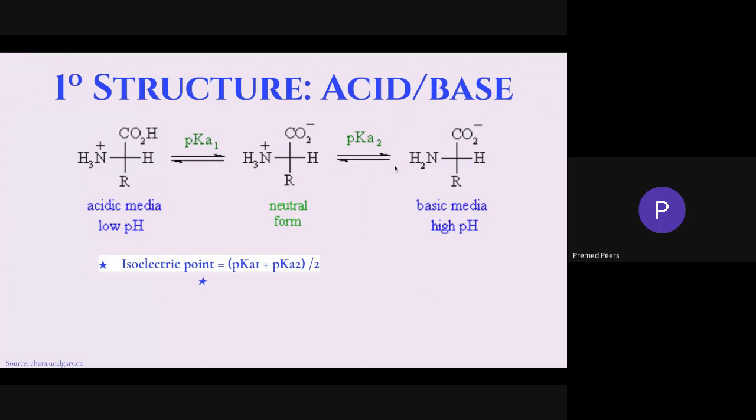Because what the pKa really means is that when it reaches this pKa, half of those amino groups are uncharged and half of them are protonated.